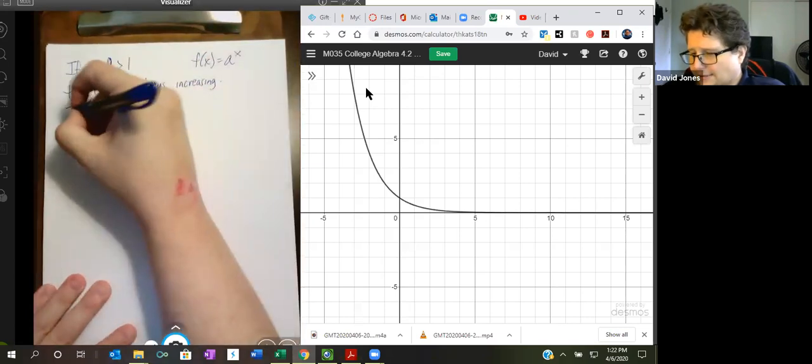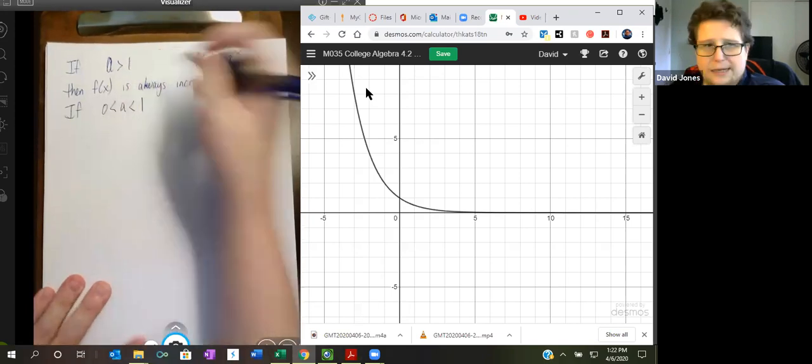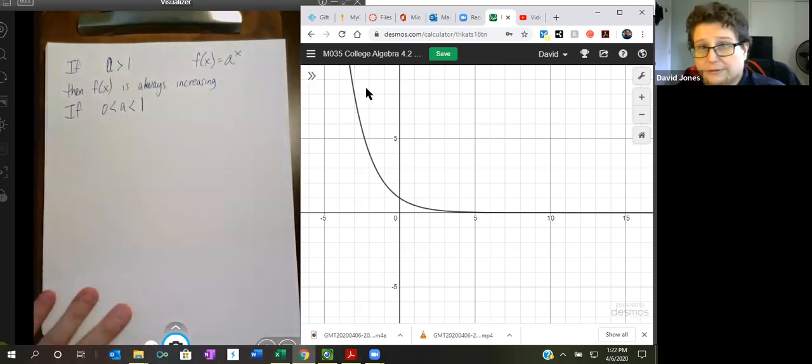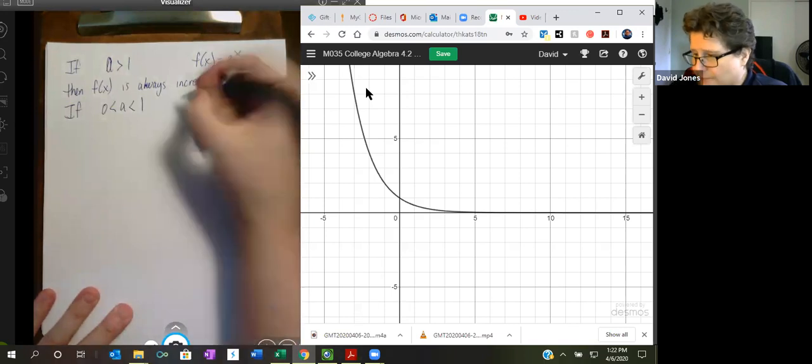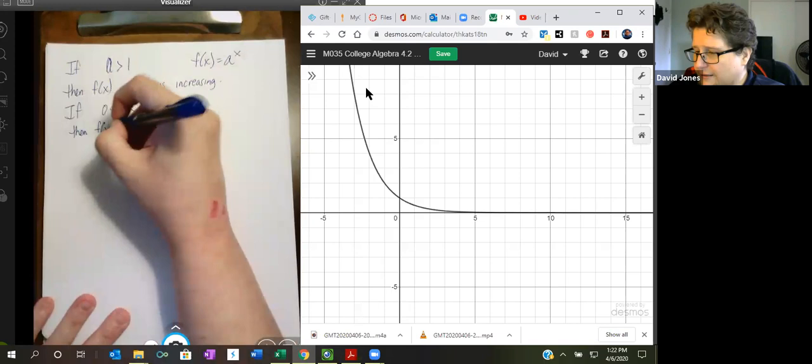And if a is between 0 and 1, we don't want it to be less than 0, or we don't want it to be 0 either, then f of x is always decreasing. We just showed that right now.